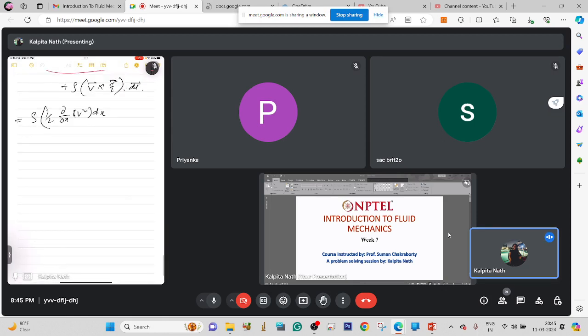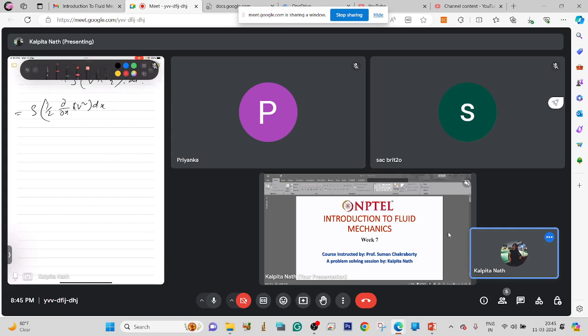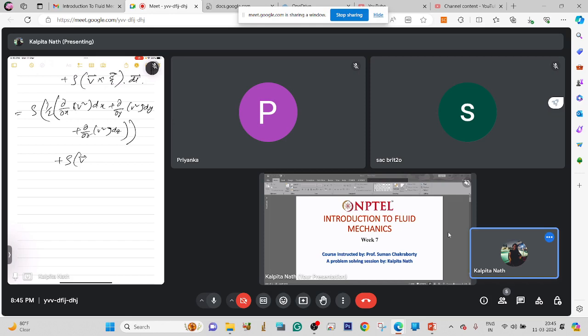So we have just combined the dot product rather. So if we do that, this will be del x of v square dx plus del y of v square dy plus del z of v square dz. Okay, so this again plus density of v vector cross zeta vector dl vector.